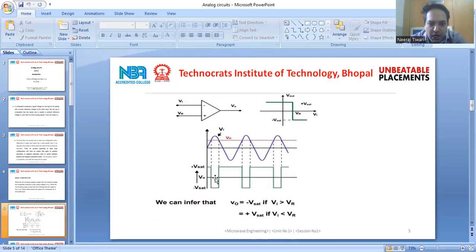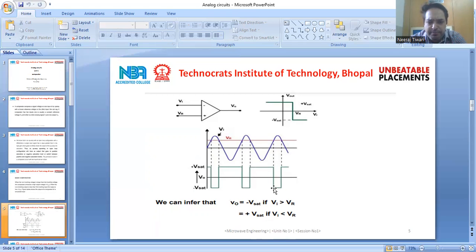And we are getting the output which is shown by the green line. You can clearly see the output varies between plus V sat and minus V sat. So this is the kind of pulse we are getting as the output of the comparator voltage.